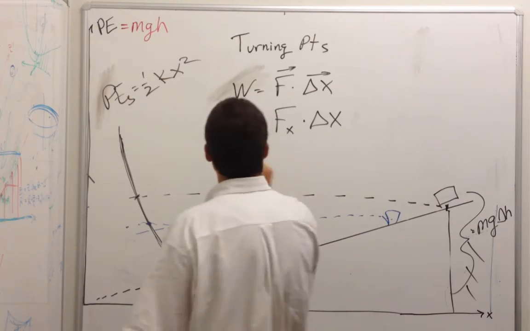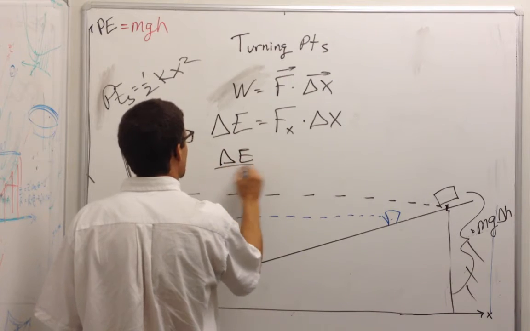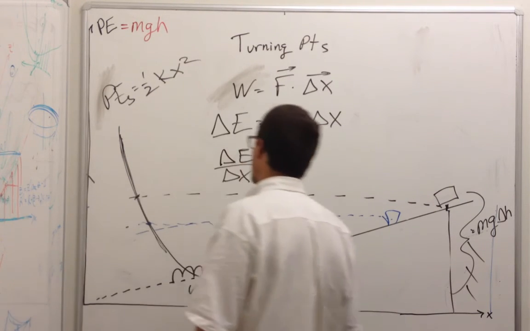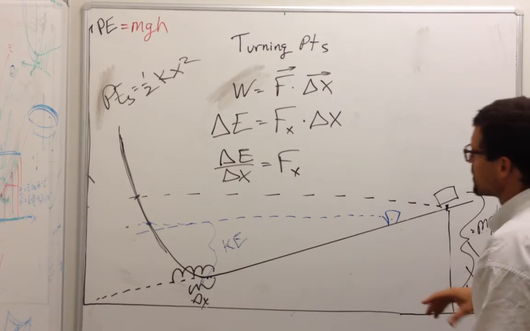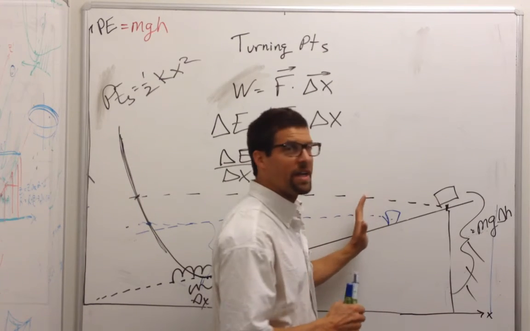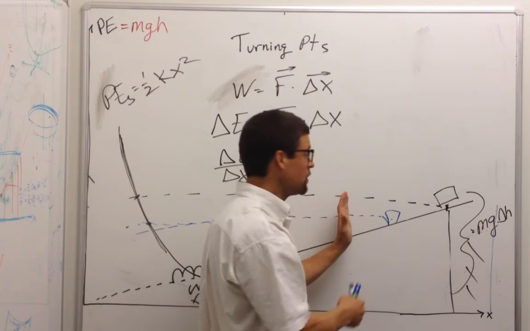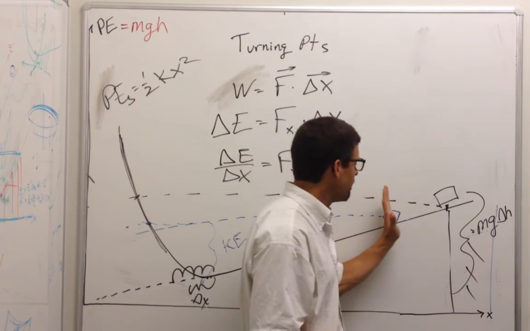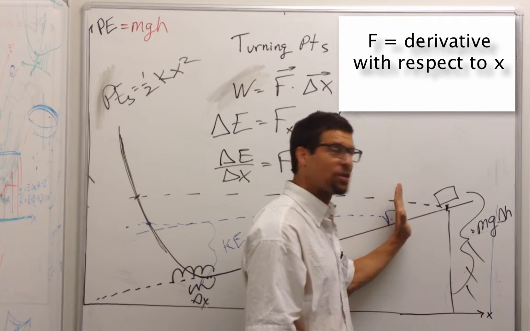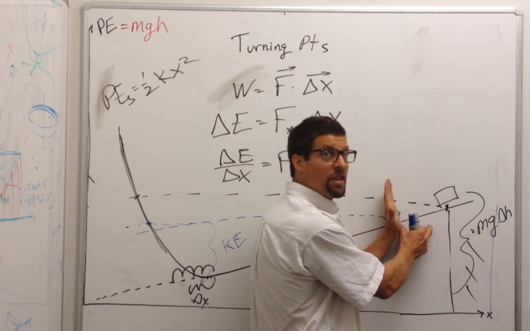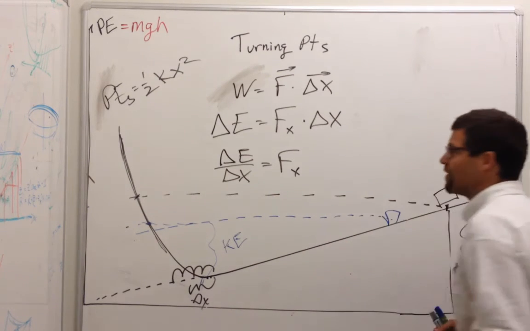Then we can divide through, and we have change in energy over change in x is equal to the force in the x direction. And so what this tells us is that the force I feel right here from this gravitational potential change is equal to the derivative of the work that I have to do, how much work I have to do to increase this energy for this distance. So that's the slope of this line.